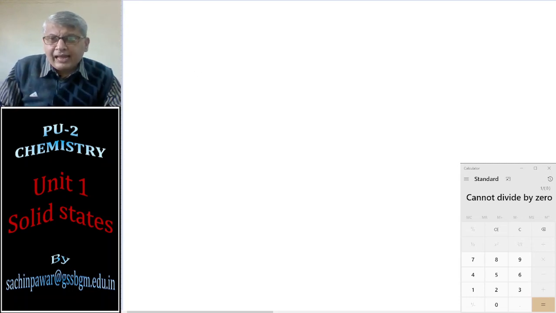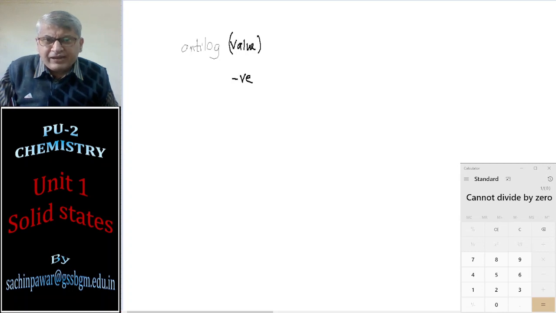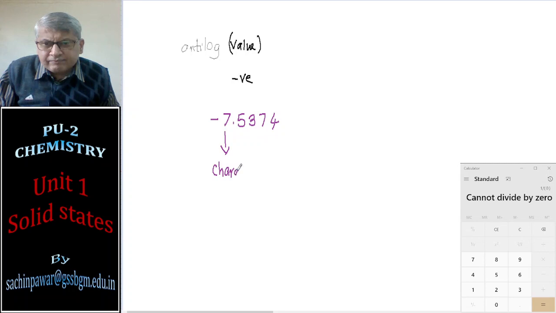When I take the antilog of any value, if the value is negative, like right now in this particular problem the value is minus 7.5374, the part before the decimal point becomes the characteristic, and after the decimal point it becomes the mantissa.